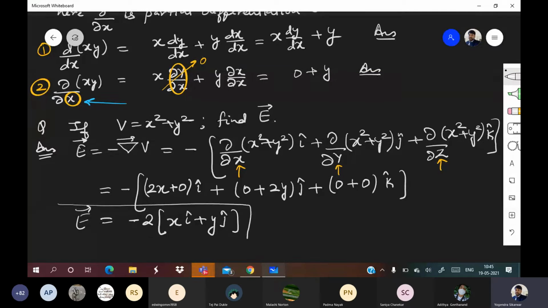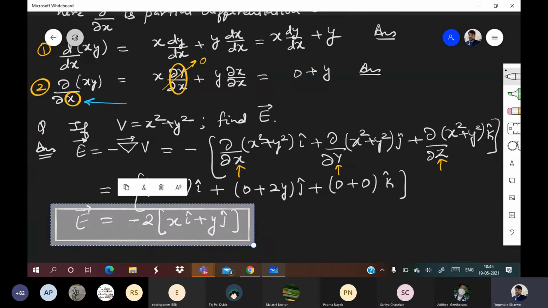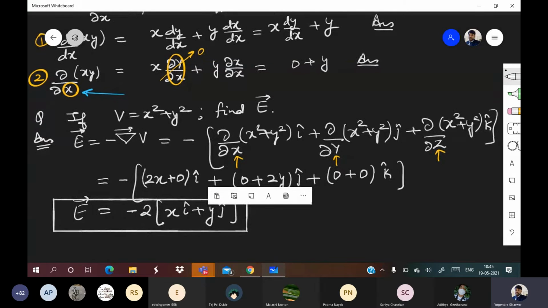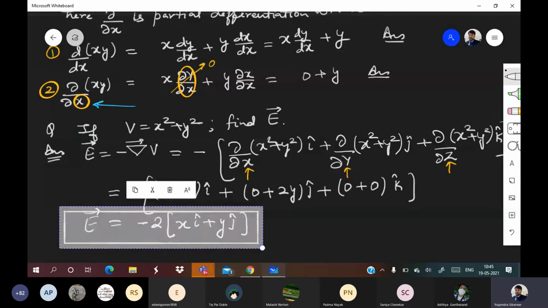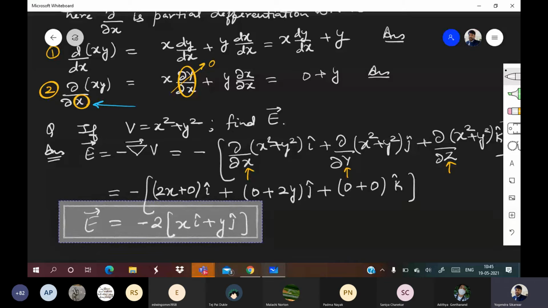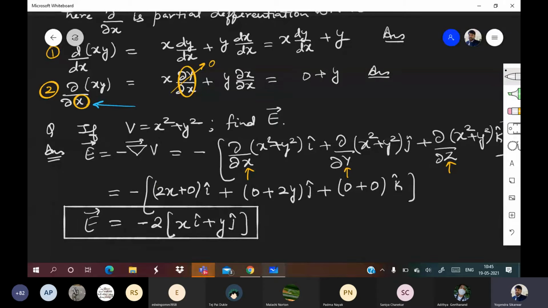If you have not used i cap and j cap in your answer, then your answer is wrong, because you are giving a vector answer and a vector must have i cap and j cap to represent itself.